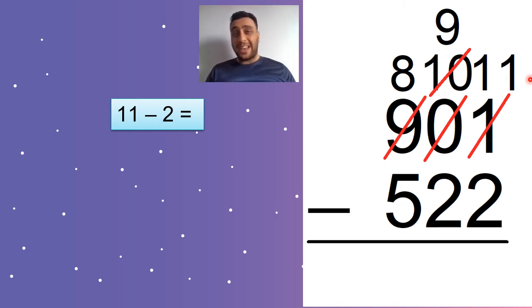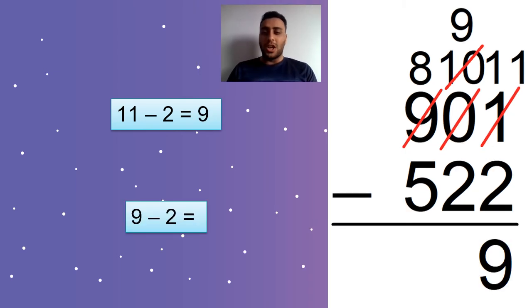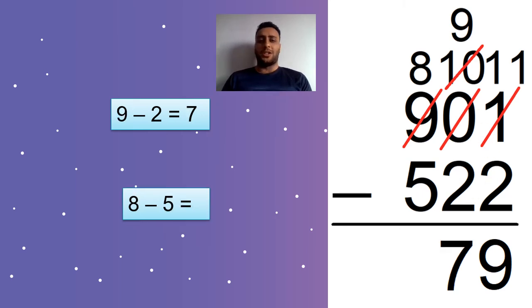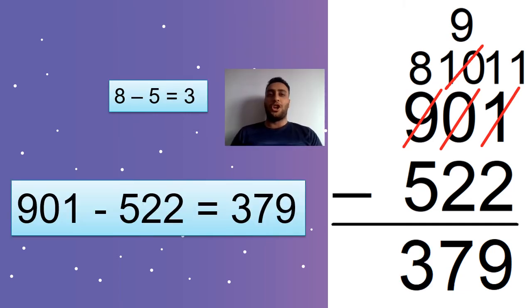We can finally subtract. So 11 minus 2 equals 9. Now 9 minus 2 equals 7. Next, 8 minus 5, 3.